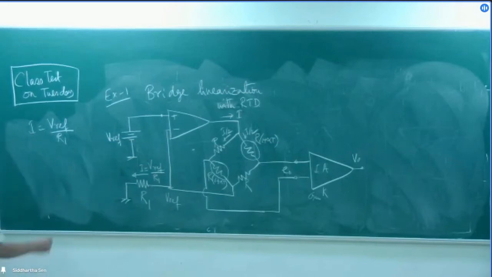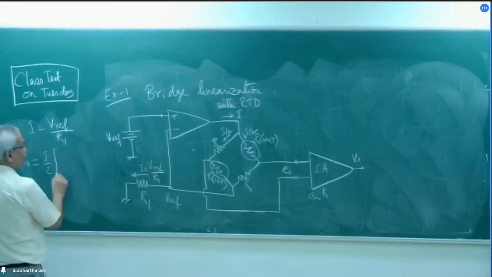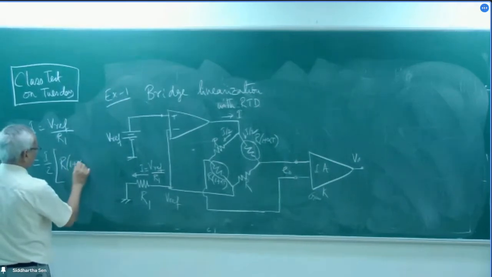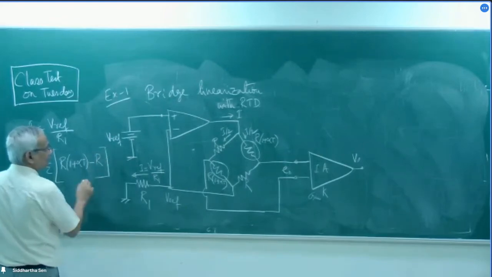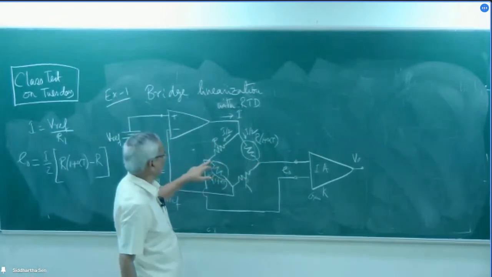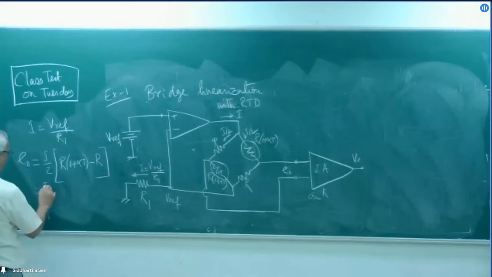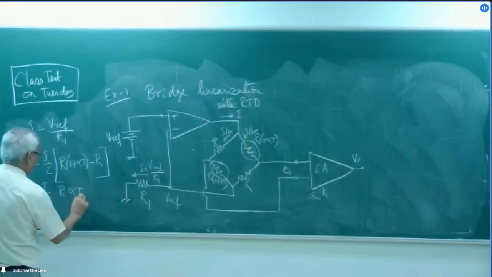So E0, I can say, is equal to I by 2 into R into (1 plus alpha t) minus R. This is this voltage minus this voltage. So here it is I by 2 into R into alpha t.